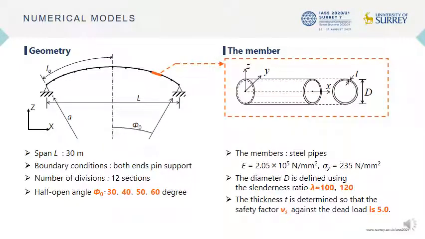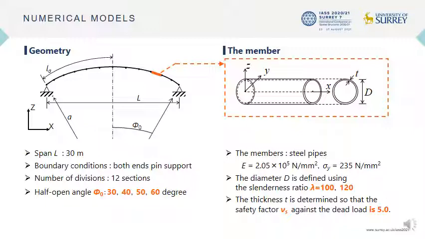Numerical model. This figure illustrates the geometry of an arch model. The span L is 30 meters supported by pin end. For half angle phi 0, 30, 40, 50, and 60 degrees are considered. The members are steel pipe. The slenderness ratio is assumed to be 100 and 120.